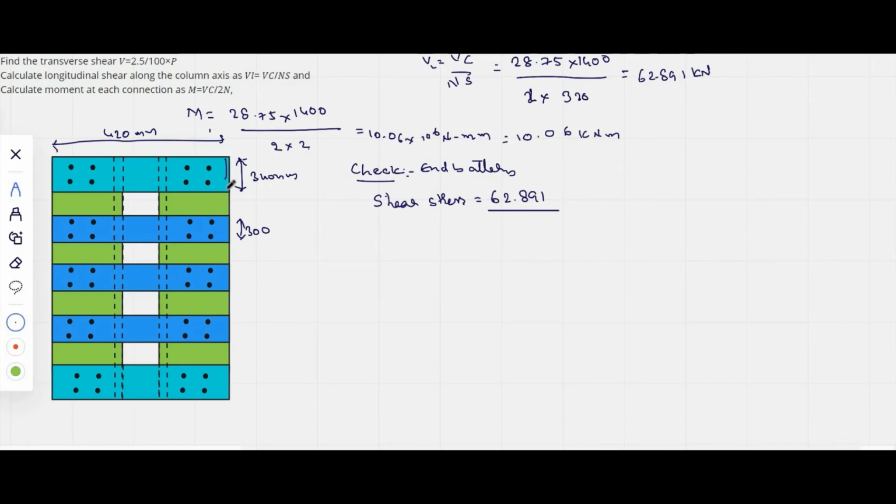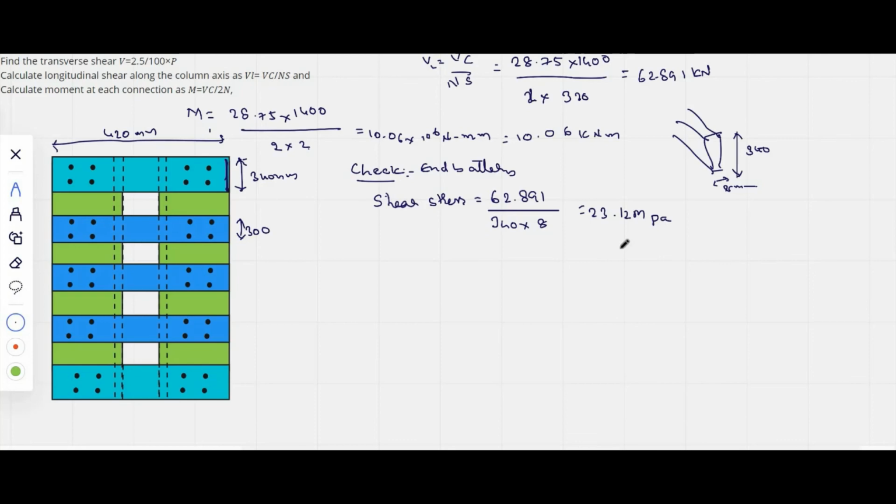The depth of this section is 340, and if we see the 3D image of our batten, depth will be 340, thickness will be 8 mm. 340 by 8 gives us around 23.12 megapascals.